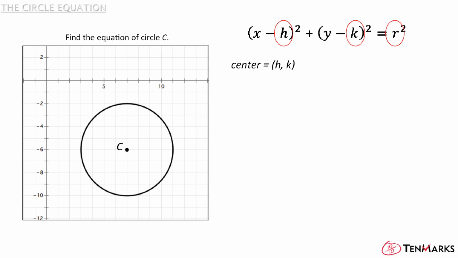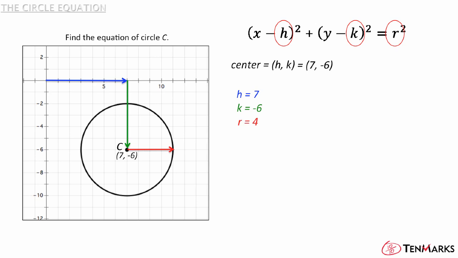To find the center, you need to go over 7 on the x-axis and down 6 on the y-axis. So the center point (h, k) is (7, -6), which means h is equal to 7 and k is equal to -6. To find r, use the graph to find the distance from the center to the circle. For this circle, the radius is 4 units.